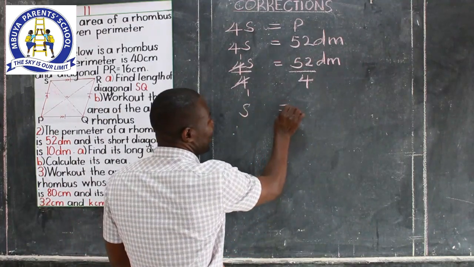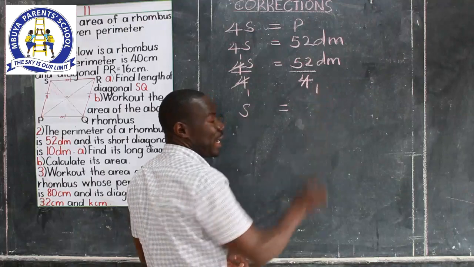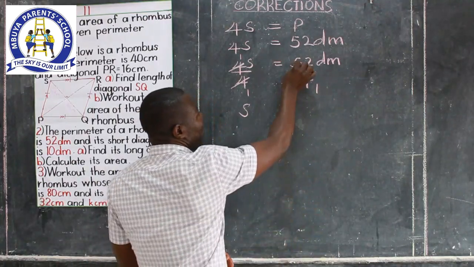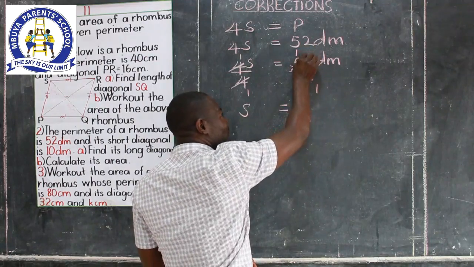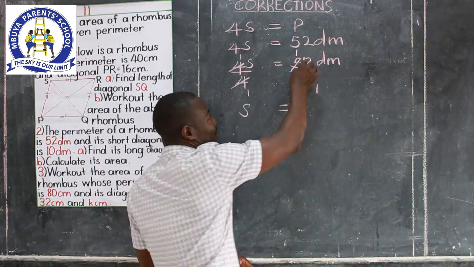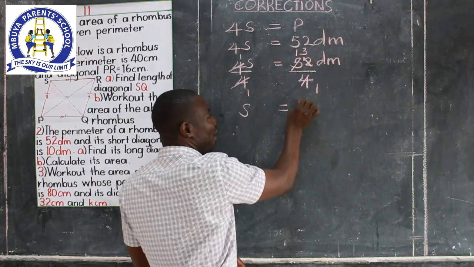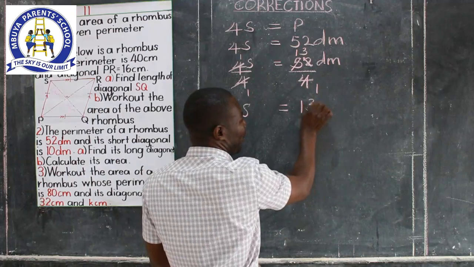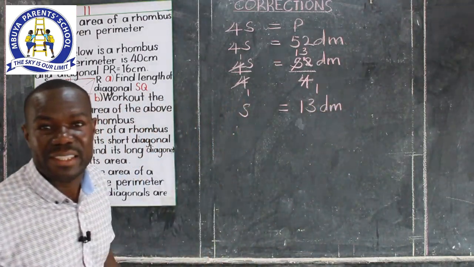So we shall get on the other side and have 4 divided by 4 is 1. And when we divide 5 by 4, we shall get 1, remainder 1, which is written with the 2 to form 12. So 12 by 4, we shall get 3. So our length for the rhombus is 13 decimeters.